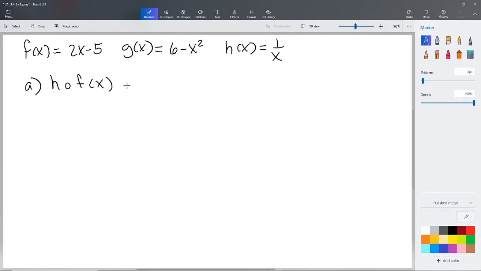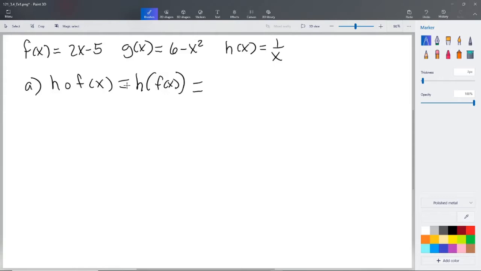All right, so they give us h of f of x, which again for us is going to mean h of f of x. So what that really means is we're going to take the f of x function, as in 2x minus 5, and we're going to stick that into the h of x function everywhere we see x.